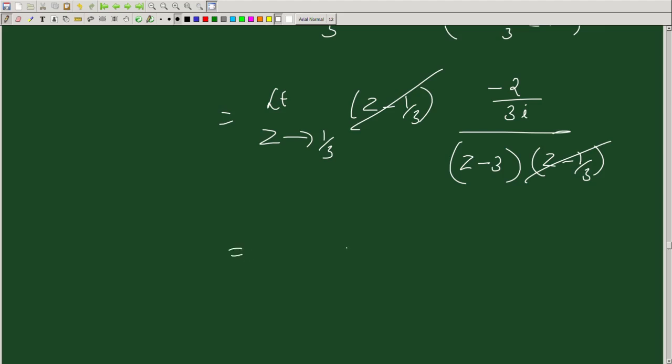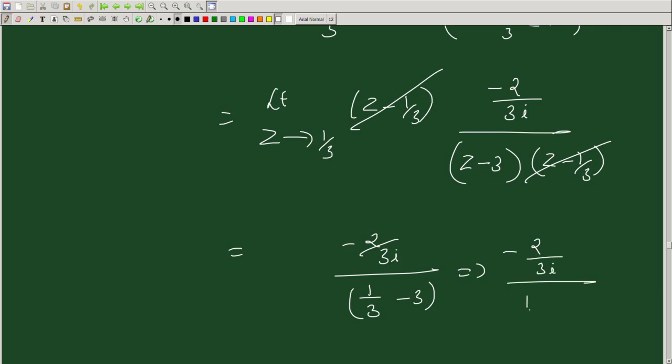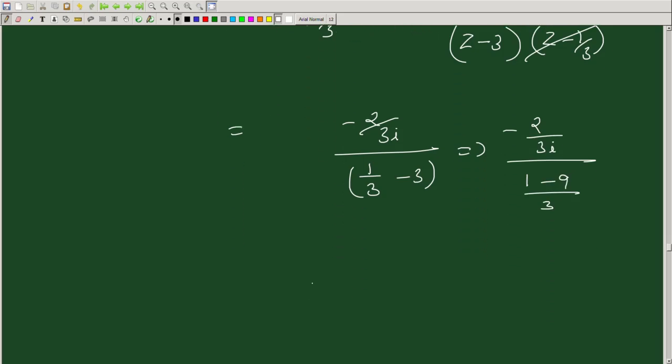So once you apply the limit, minus 2 by 3i, the z value is 1 by 3 minus 3, correct? Simplifying this, minus 2 by 3i over 1 minus 9 by 3, which is equal to numerator minus 2 by 3i, denominator minus 8 by 3.